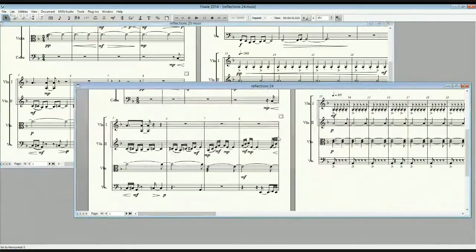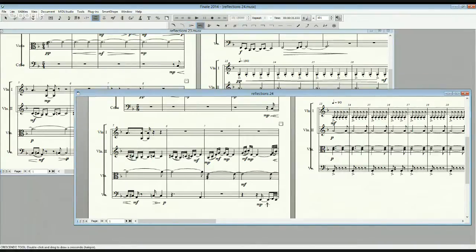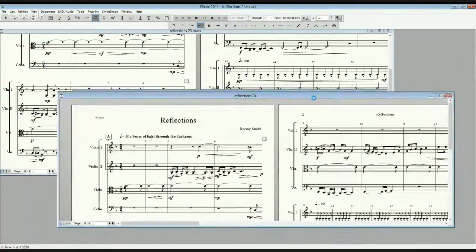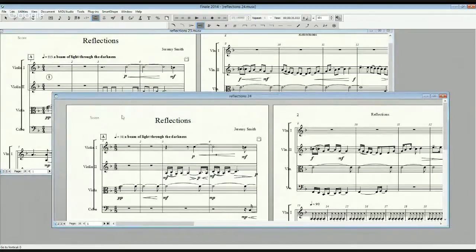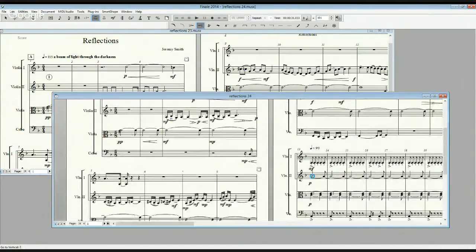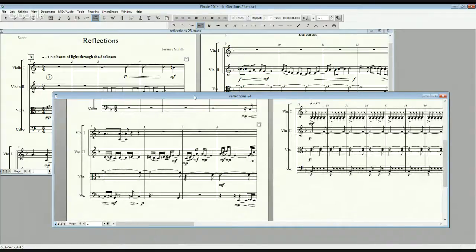It's a piano crescendo. Ugh. It's a piano crescendo.